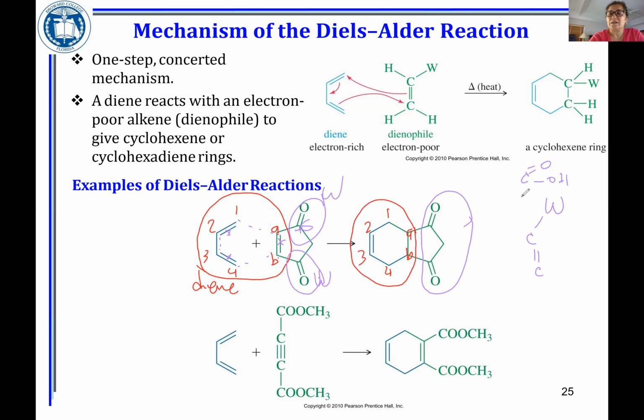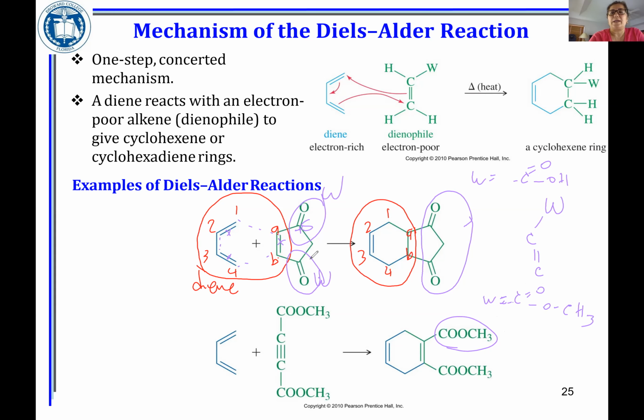It can be an ester, COOCH3. That's an electron withdrawing group. These are electron withdrawing groups. So if you have electron withdrawing groups attached to the dienophile, it's going to make it a better dienophile. Any questions?